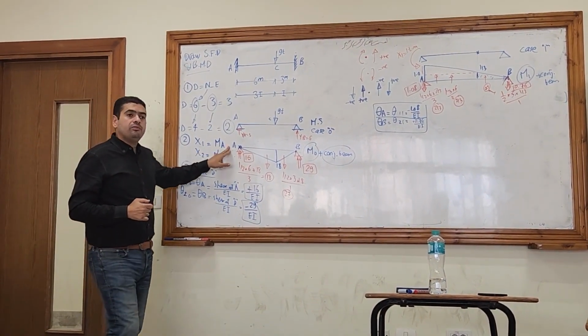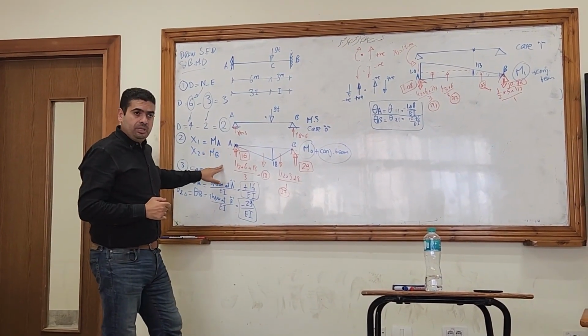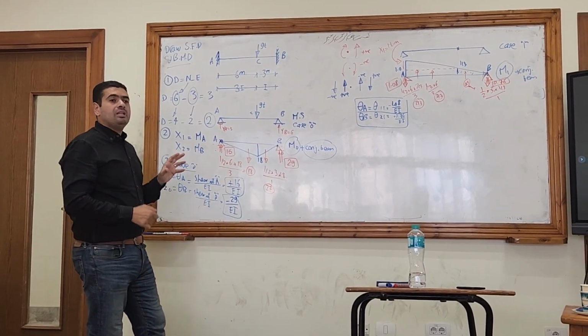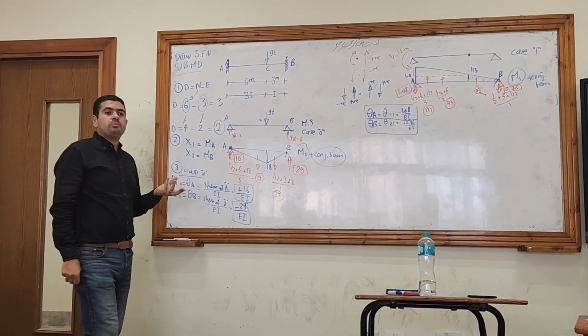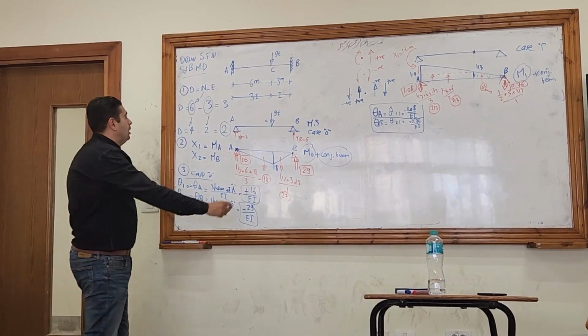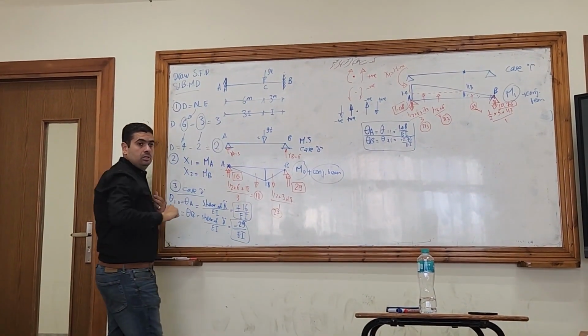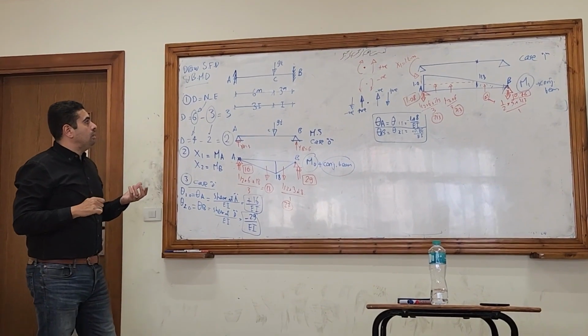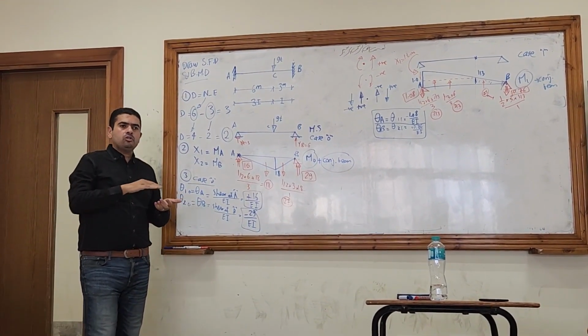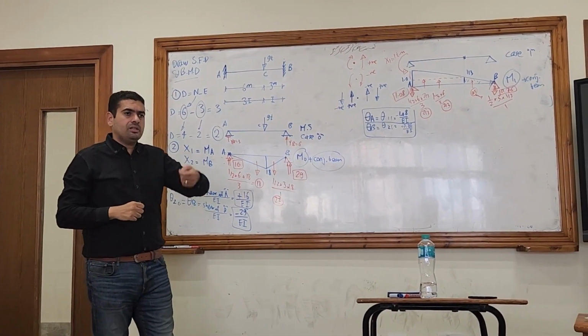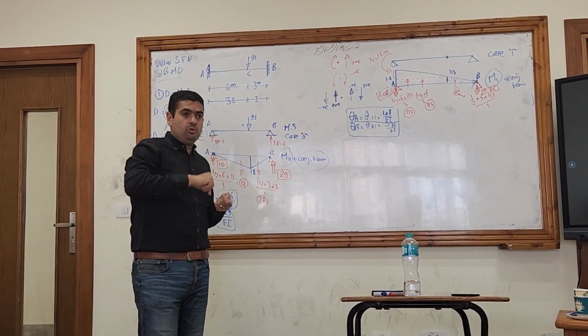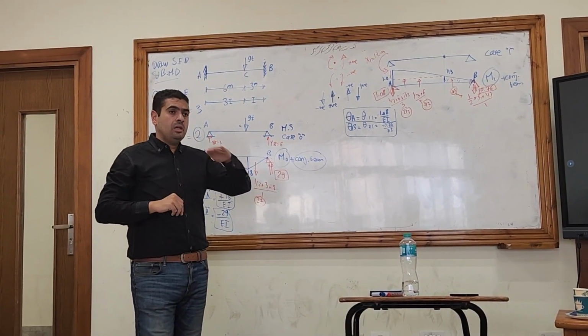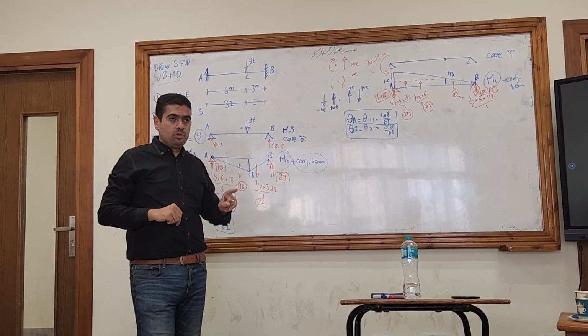So here you remove the redundants at A and at B. What about the displacement at A and at B? This is a fixed support, so it can't move. The horizontal displacement equals 0, the vertical displacement equals 0, and the rotation equals 0, because it has 3 reactions, x and y and moment.